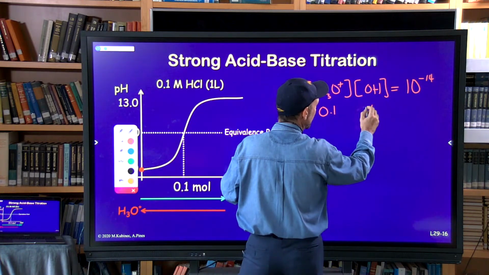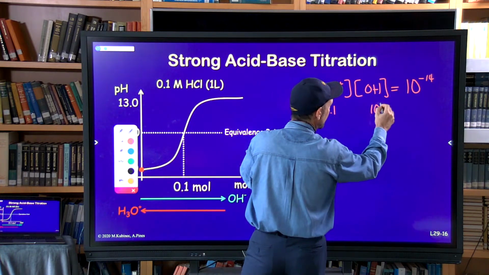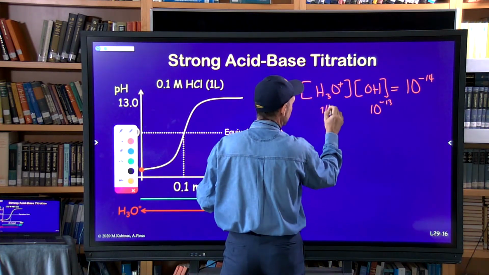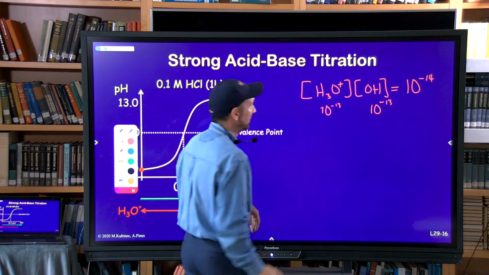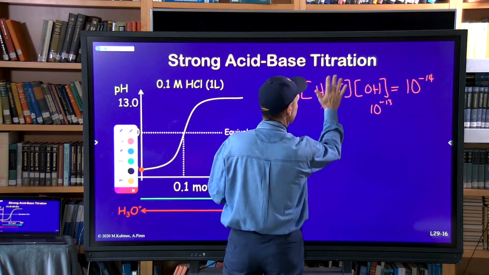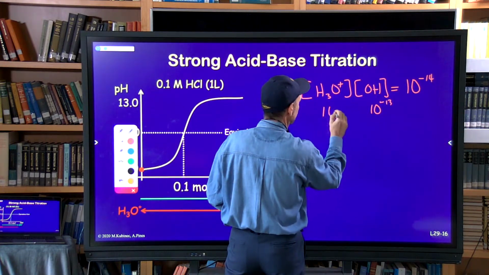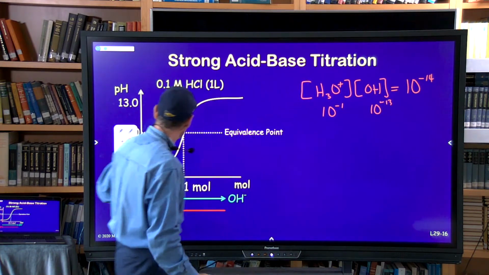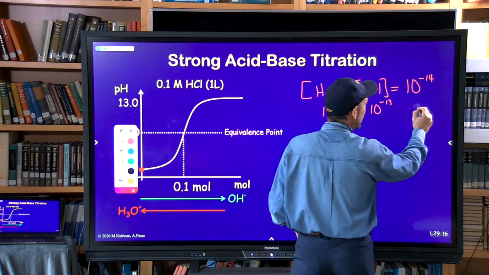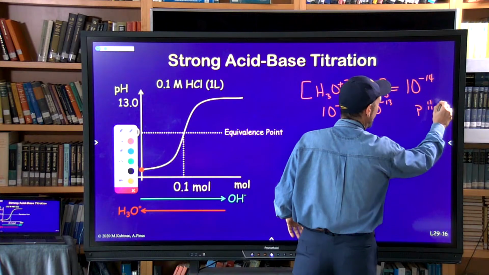So this must have been 10 to the minus 13, initial state. So that's where you started, 10 to the minus 1 and 10 to the minus 13. pH 1.